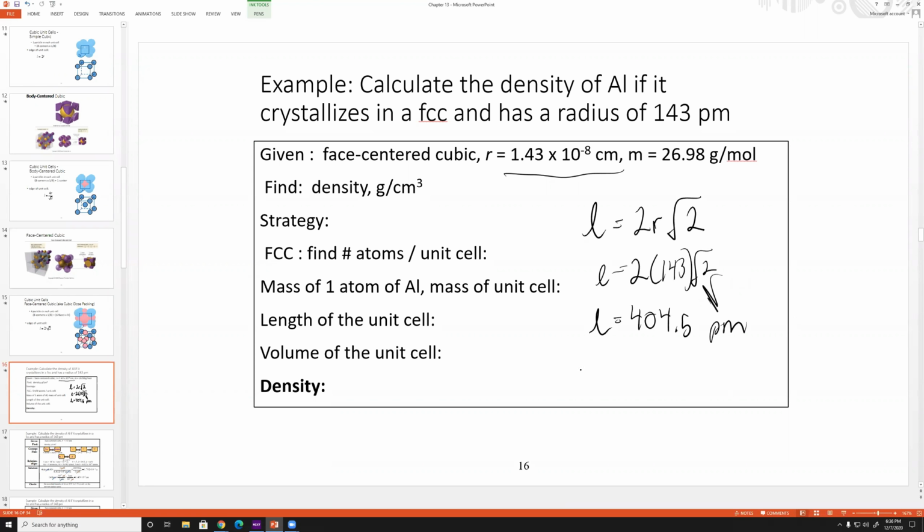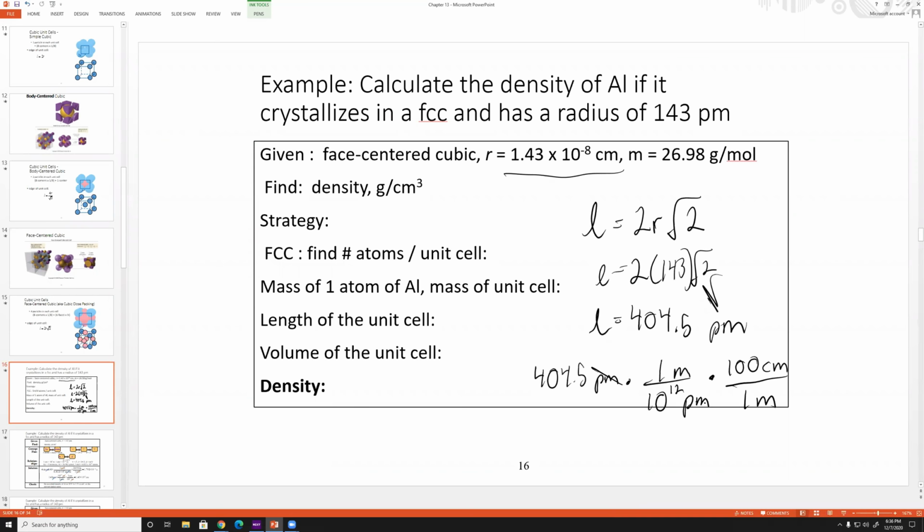So what do we know? We can do a big conversion. So 404.5 picometers, where we know that 1 meter is 10 to the 12 picometers. 10 to the 9th is nano, 10 to the 12 is pico, times 100 centimeters per 1 meter.